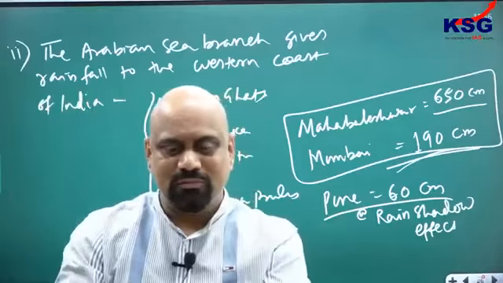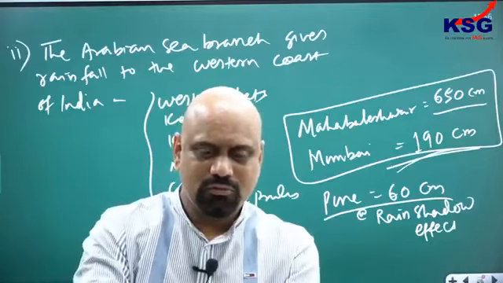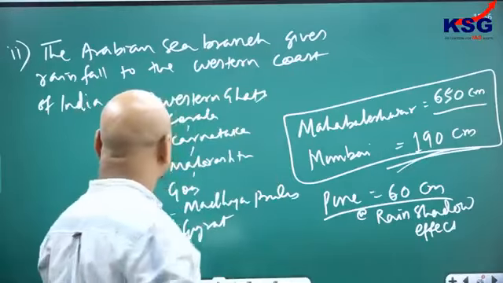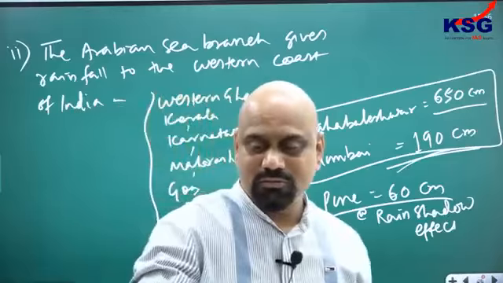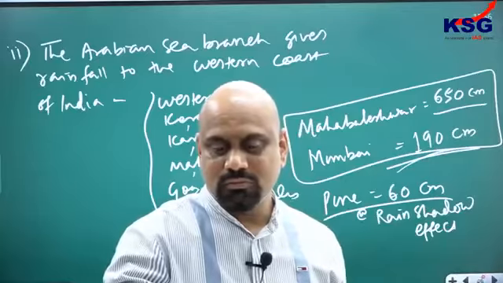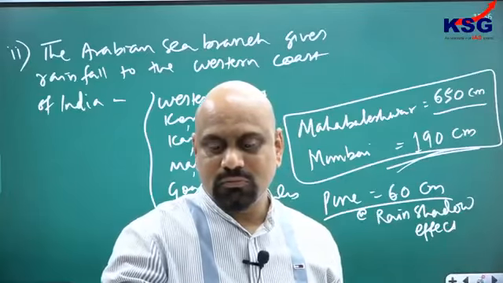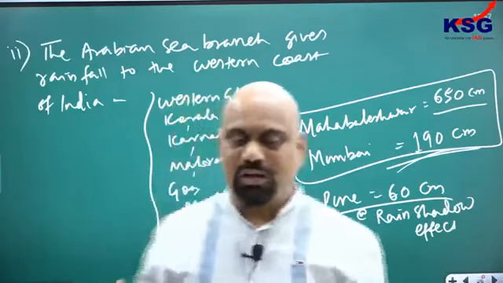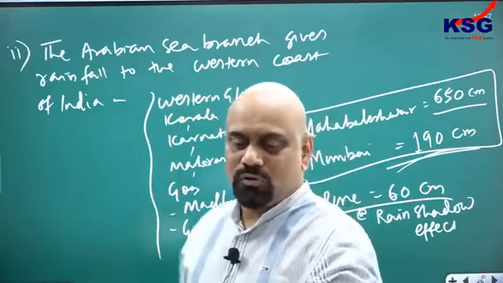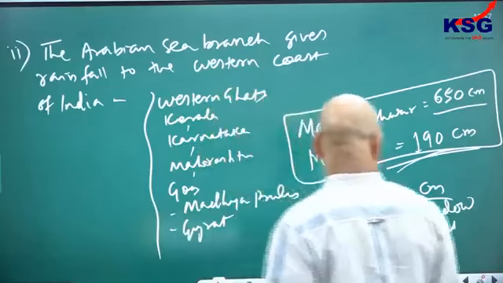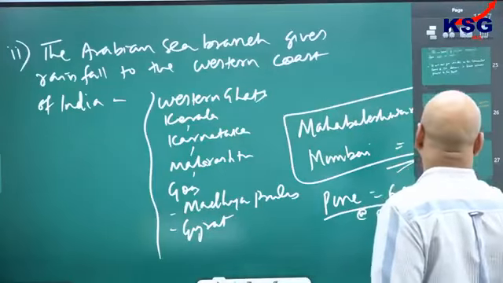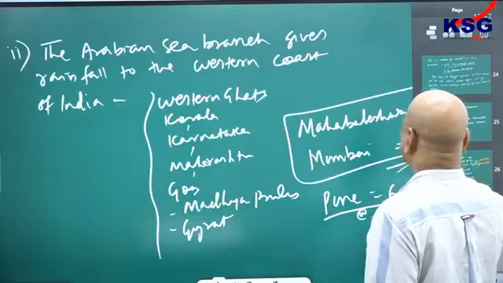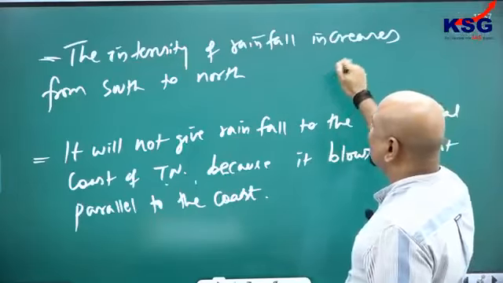How rainfall will increase from south to north. Where it will increase? It will decrease. Did I say increase? Just 1 minute, please. Here increases is written, where is decreases?